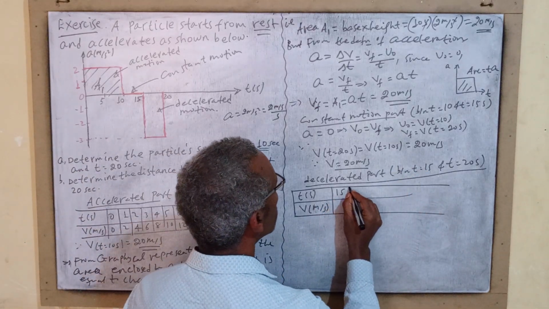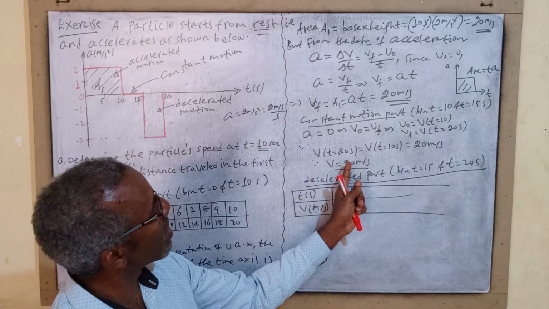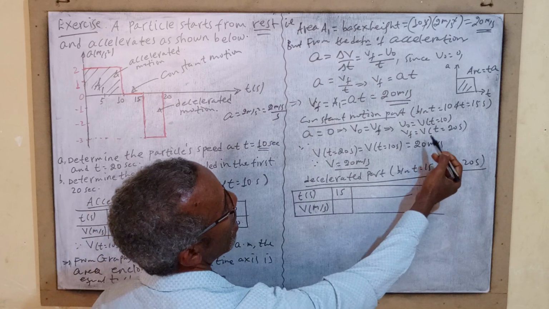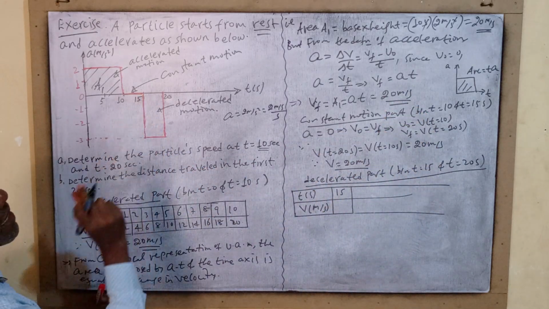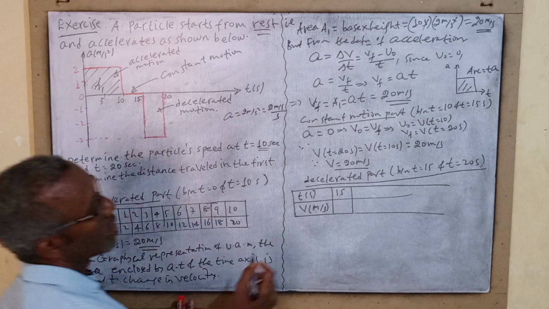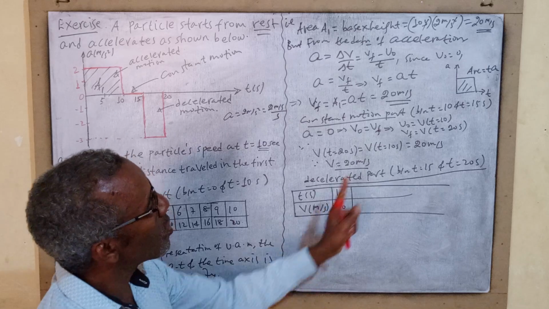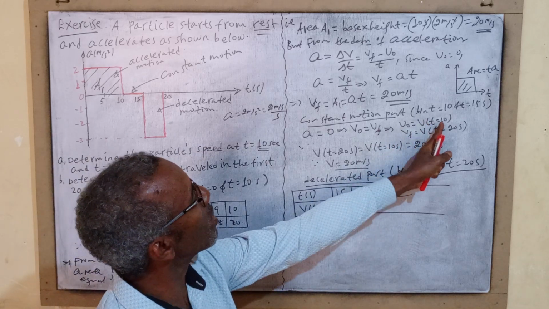When the time is 15 seconds, the speed is 20 meters per second, because the speed at t equals 15 seconds is equal to the speed at t equals 10 seconds.